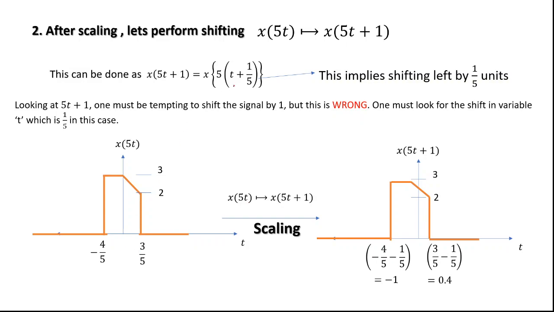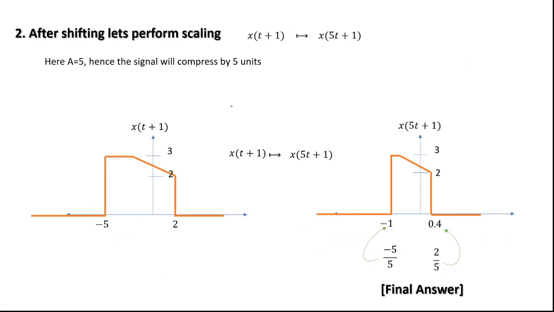Since this is t plus k form, the signal will shift by 1 by 5 units. So this is the final answer. The new endpoints are at -1 and 0.4. We got the same result as in method 1, that is -1 and 0.4.